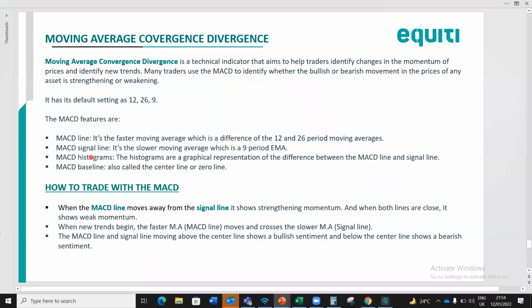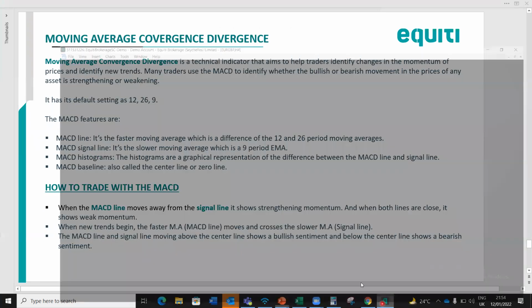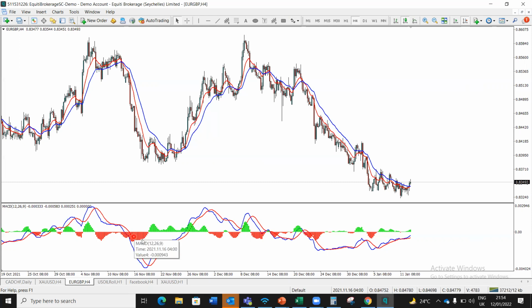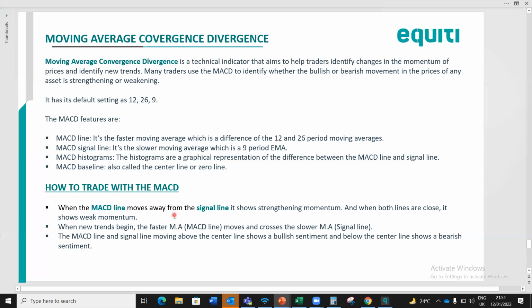What else did we talk about? We talked about the MACD line, the signal line, and the MACD histograms. The histograms are these red bars that are formed below, and the green bars that are formed above. Now let's quickly go back and see how to trade with the MACD.